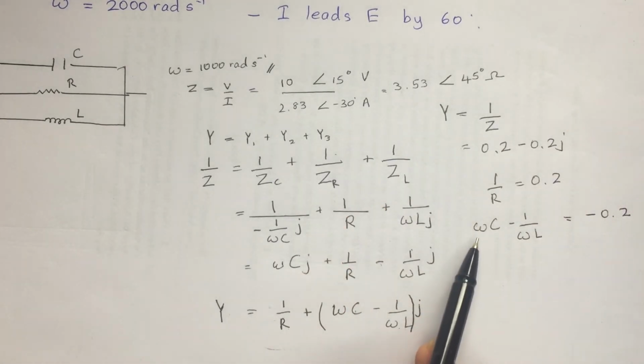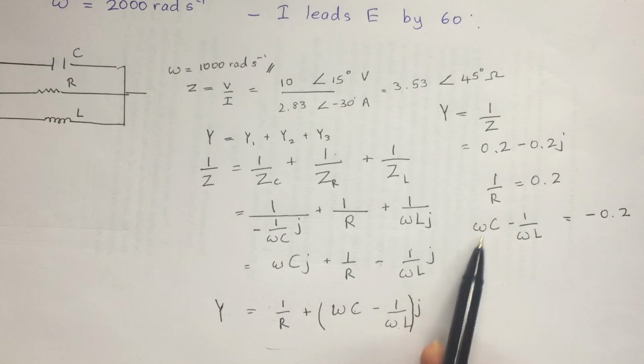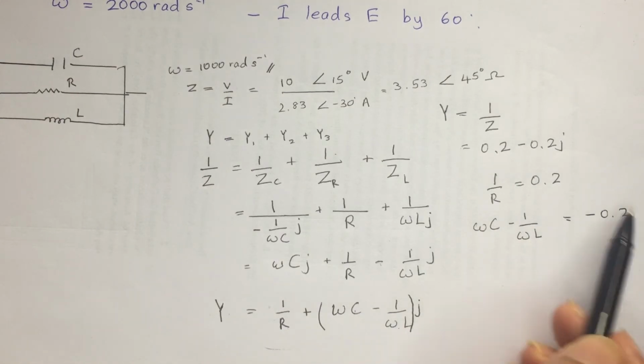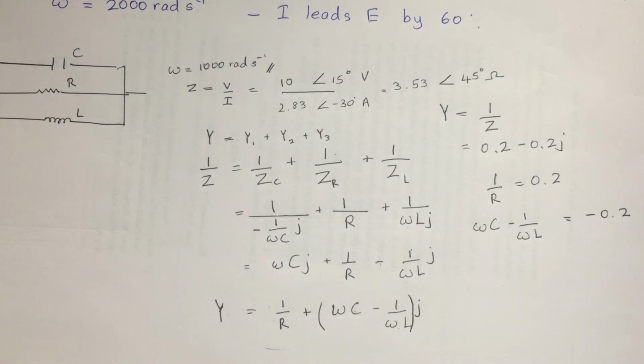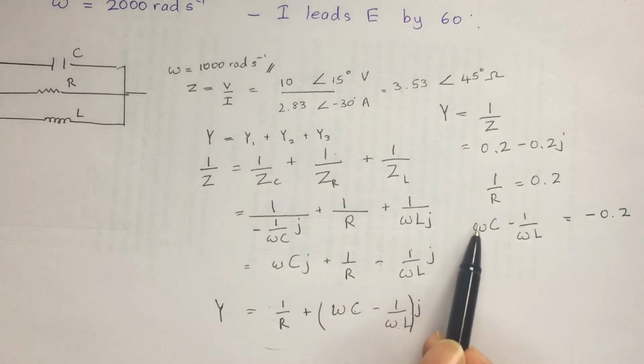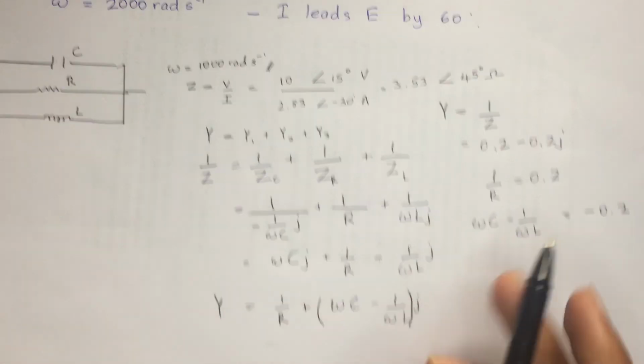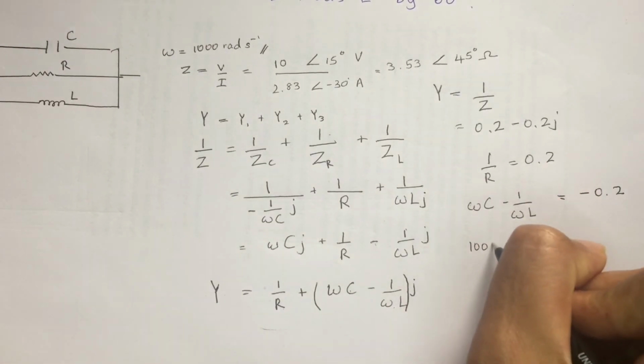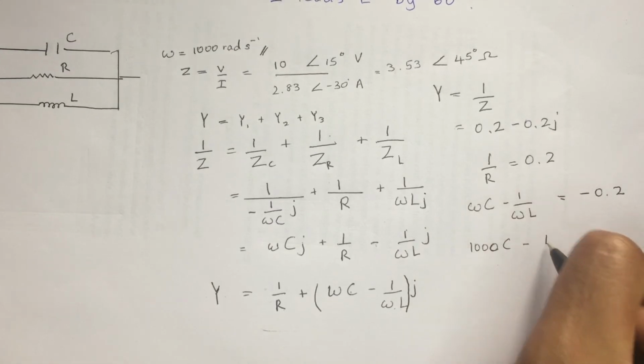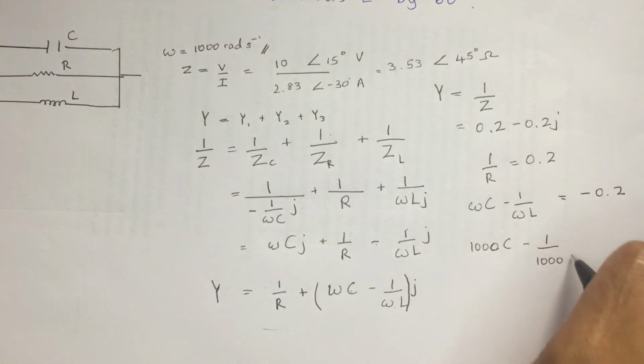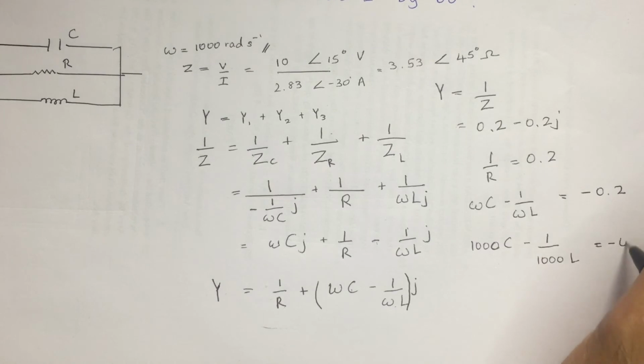We knew the value for omega, so you can directly substitute it. If you do so, it's going to be 1000. So we can directly tell it's going to be 1000 C minus 1 over 1000 L minus 0 is equal to minus 0.2. Sorry, 0.2.